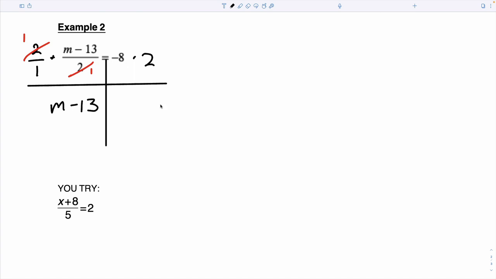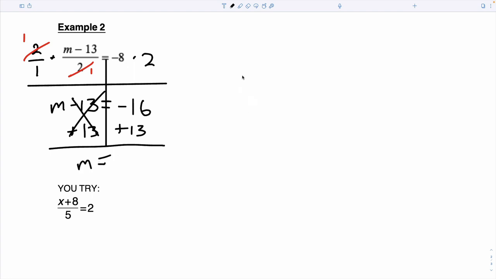It's negative 16. Cool. Last step, Evelyn, what should I do to get m by itself? Like that? Okay. Abraham, what's left on the left side? And what about the right side?